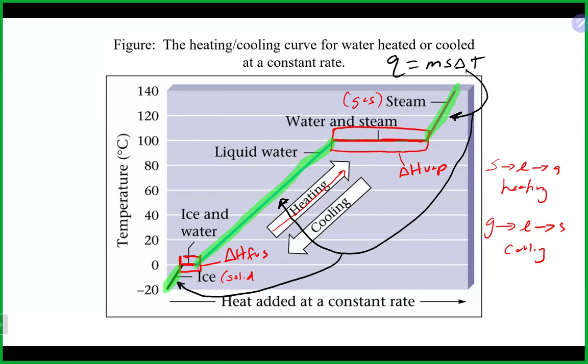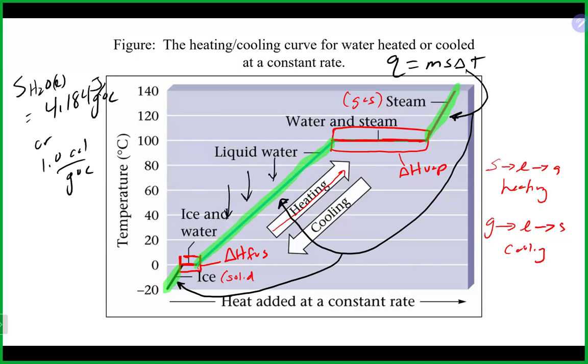Now, it's really important: the specific heat capacity, as you remember, for liquid water is that 4.184 number we saw way back when, or 1 calorie per gram per degree Celsius. That number is for liquid water, which is right in here. But you have to remember that if you're doing something up here, or even down here, that is water in the gas state up on top, and water in the solid state on the bottom.